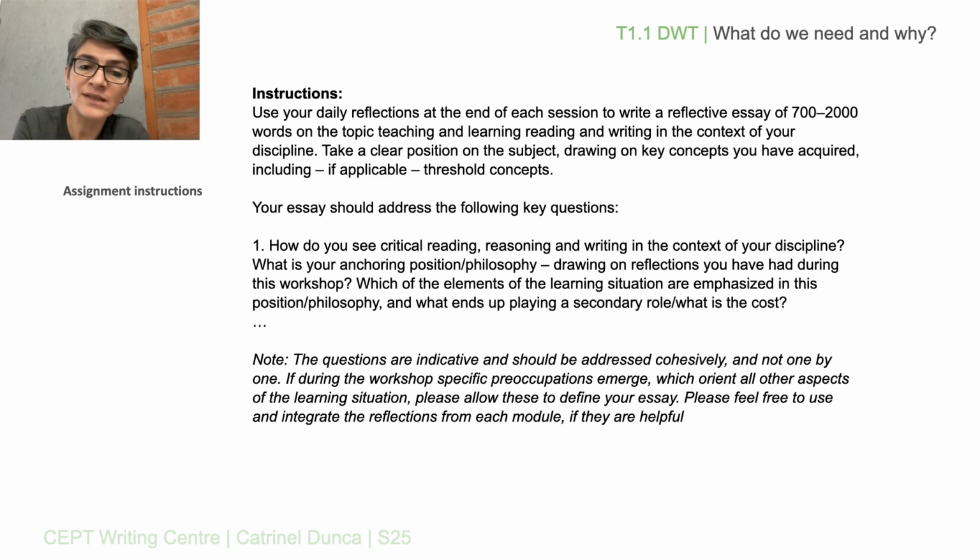They're supposed to use their site observations and then do something else. And here we need to be very, very clear on the kind of questions that the assignment is supposed to respond to, what are the things that matter, and to what extent all of these have to be covered or they're given only as a guideline. So in the note here, the students of this course are told that the questions are indicative.